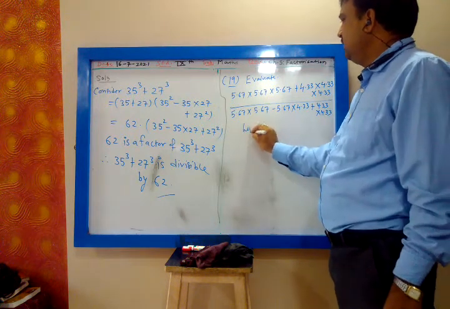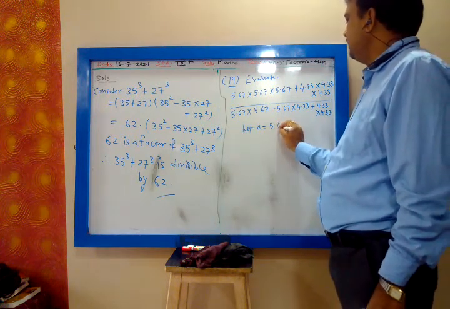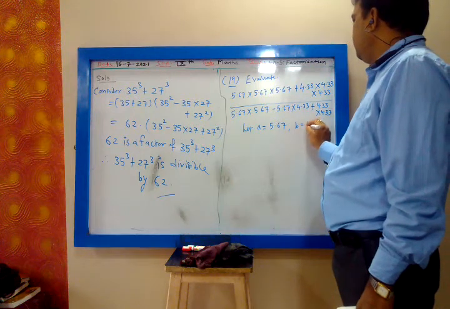So let A is equal to 5.67 and B is equal to 4.33.